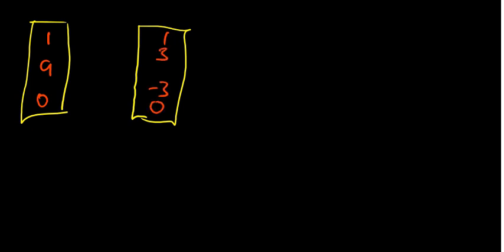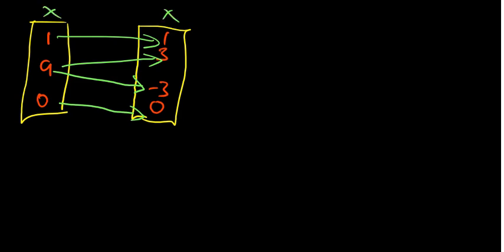So let's say that 1 is going to 1, then 9 is going to 3, at the same time 9 is going to -3, then 0 is going to 0. Remember, we said that we cannot have one value of x going to two values of y. So this is not a function.